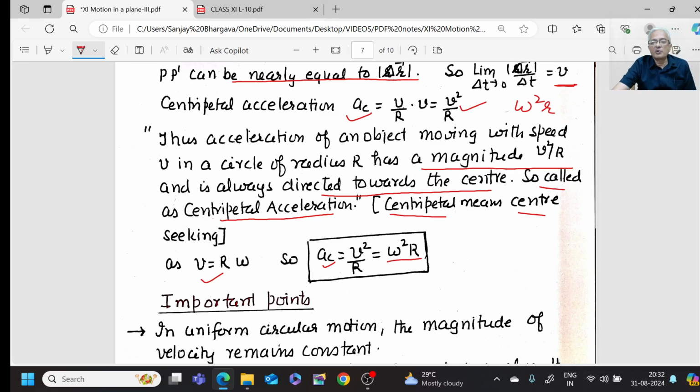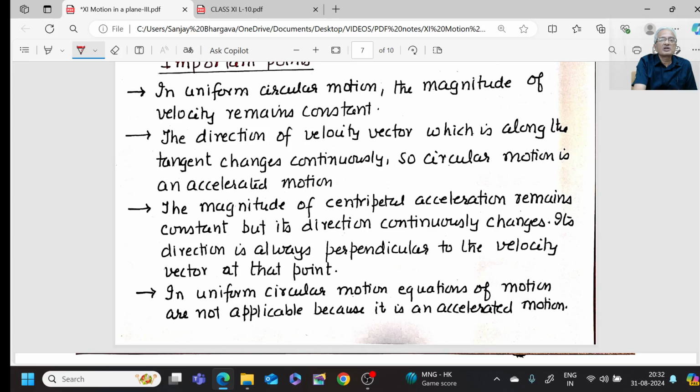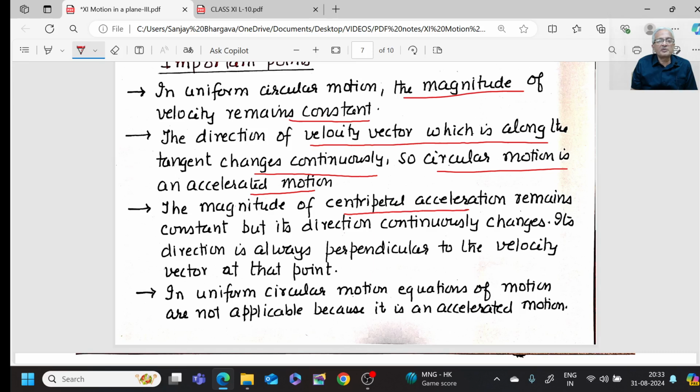Now we have certain important points here. In uniform circular motion, what happens? The magnitude of the velocity remains constant. The direction of the velocity vector, which is along the tangent, changes continuously. So circular motion is an accelerated motion. The magnitude of centripetal acceleration remains constant, but its direction continuously changes.